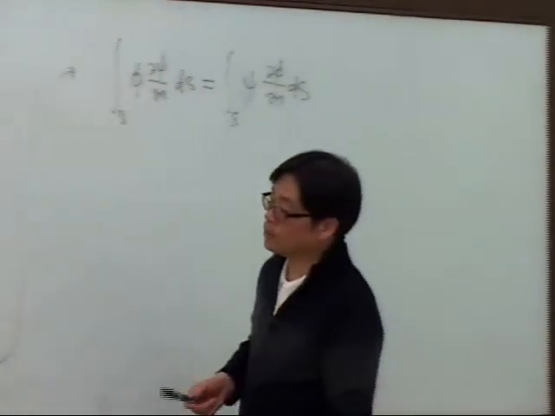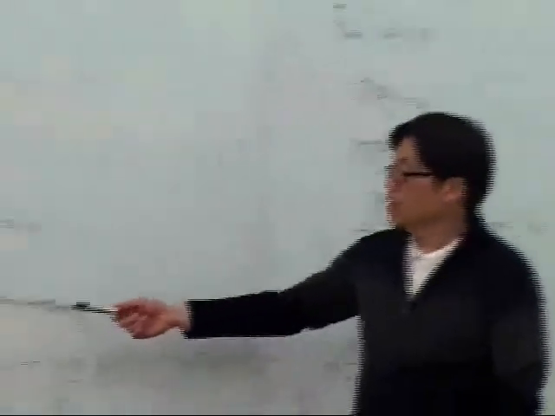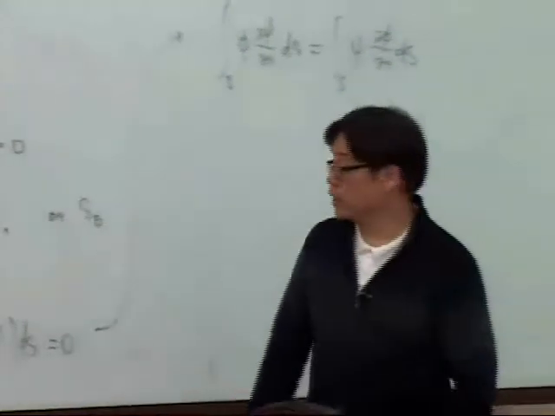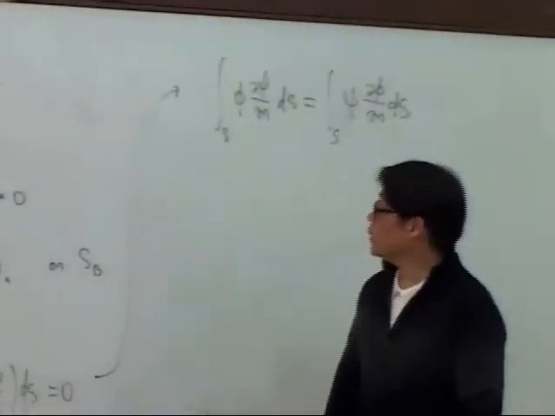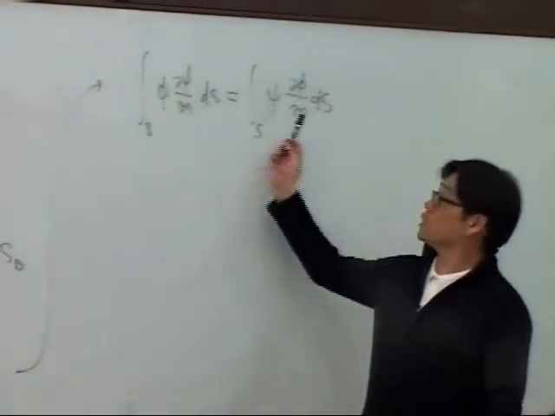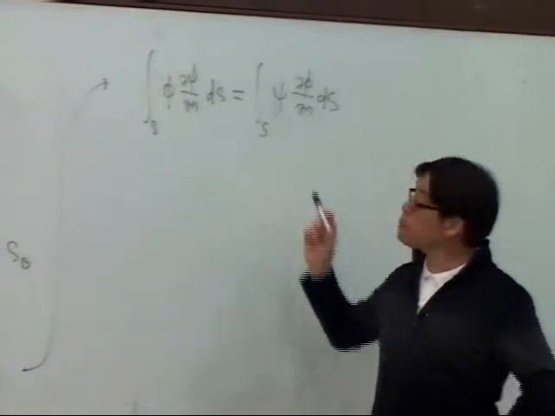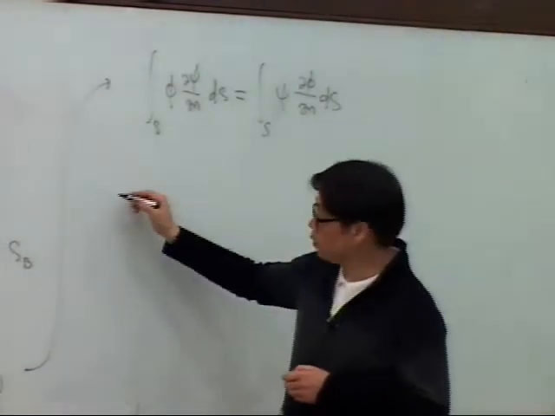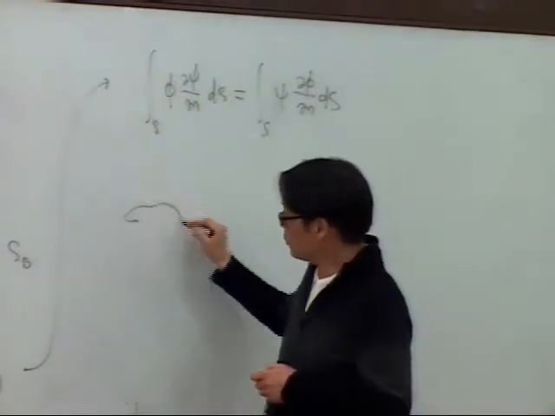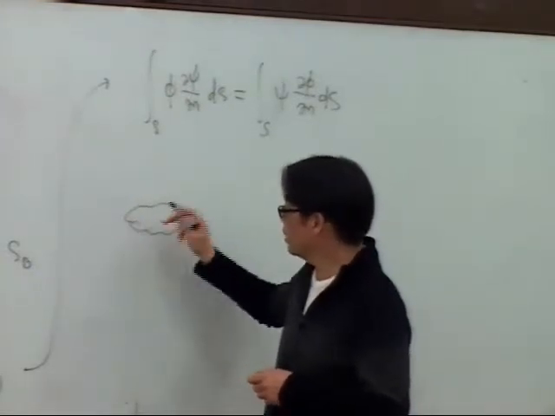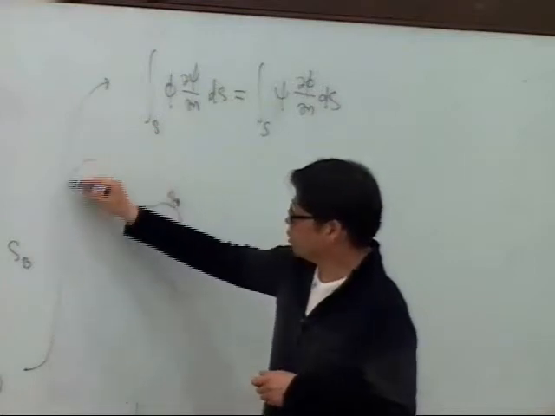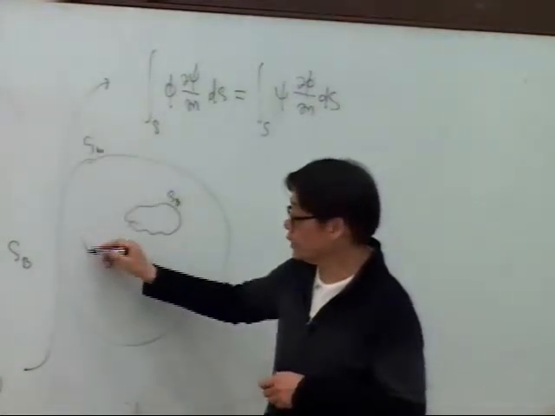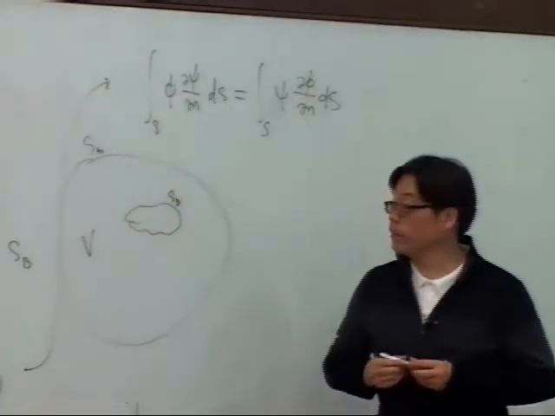So far, I haven't used anything other than that psi and phi are solutions of the Laplace equation, and then I can show this is equal to this, okay? Now, in our problem, we have an arbitrary body here, and also we have a boundary at infinity, and this is V, okay?